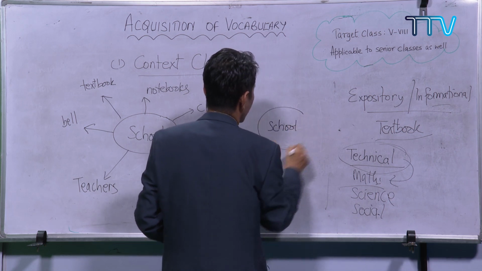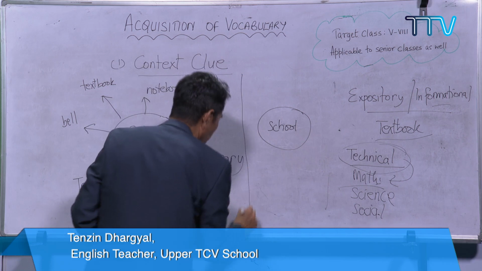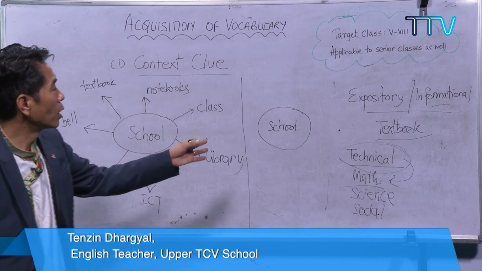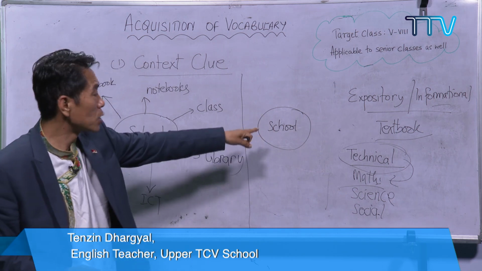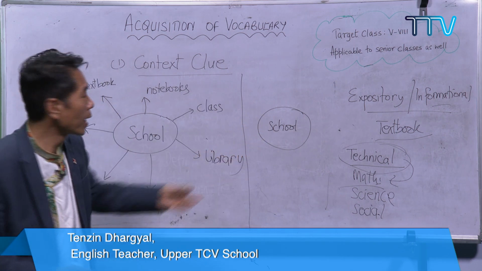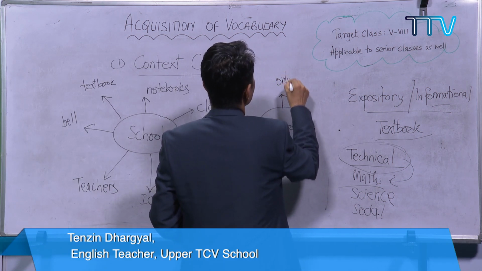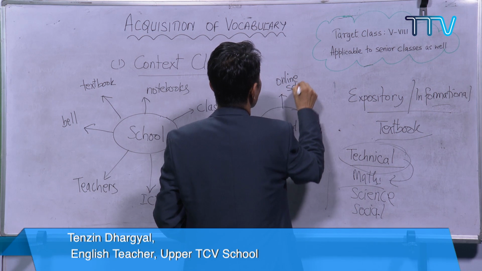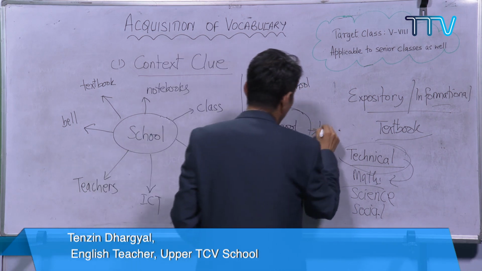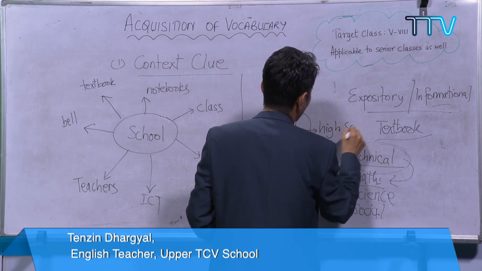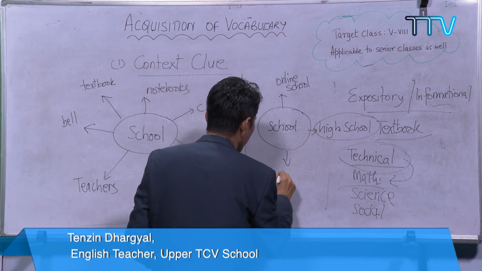Now there is another one. For example, school. In this section, you are going to look for the words in which we use that same word. The word school is repeated in these words. For example, we have online school, high school, middle school.